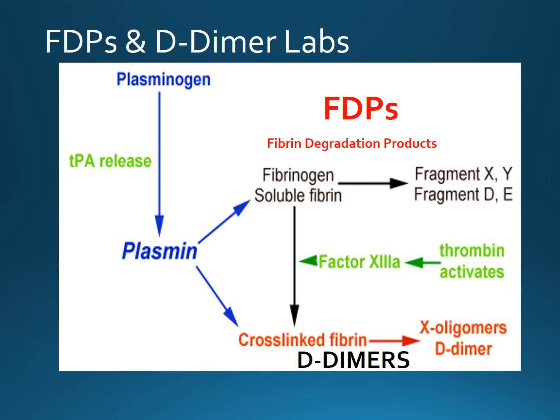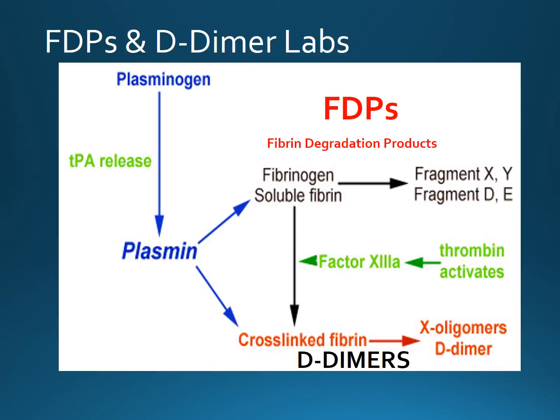The FDP lab measures the amount of fibrinogen degradation, and it provides a highly sensitive but non-specific measurement of clots being dissolved. Remember that clots are always forming and always being broken down at the same time, so even small normal clots give off enough FDPs to make the FDP test register as positive.